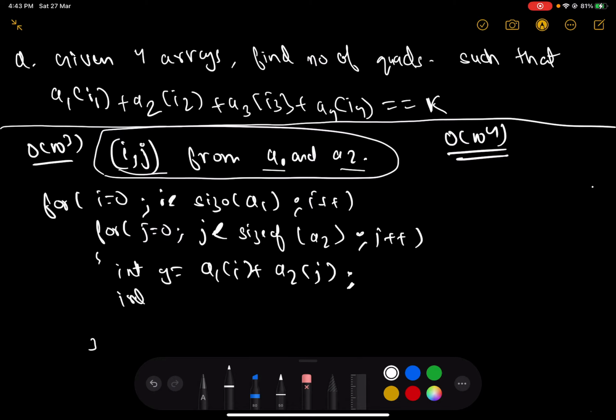And let's find another value t that is equal to k minus y.